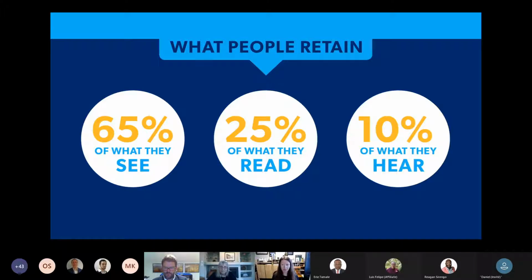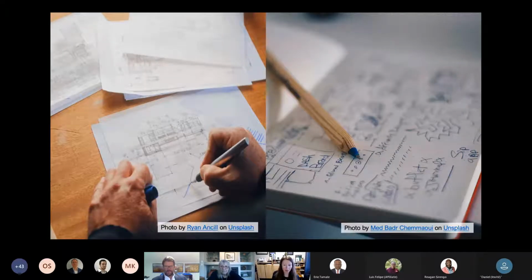John Medina, a molecular biologist who focuses on the development of the human brain, will tell you that after 3 days, people will remember 10% of what they hear, 25% of what they read, and 65% of what they see. And we also tend to create visual representations ourselves to understand concepts or ideas, whether that's intricate 3D models, careful floor plans, or just basic sketches in notebooks.